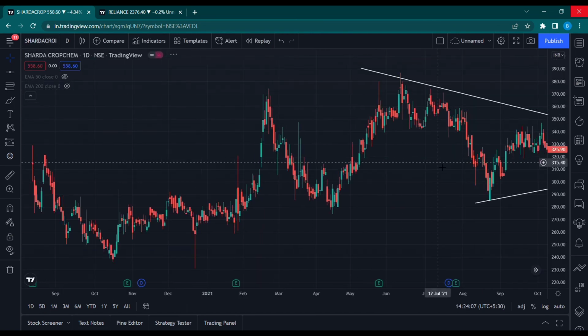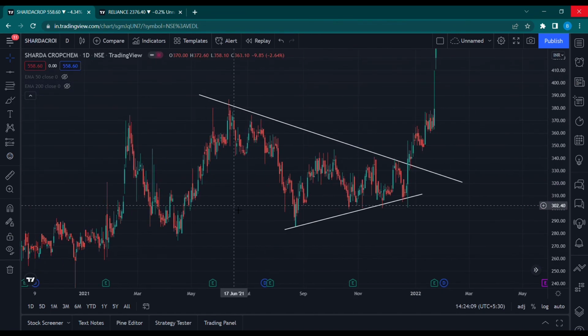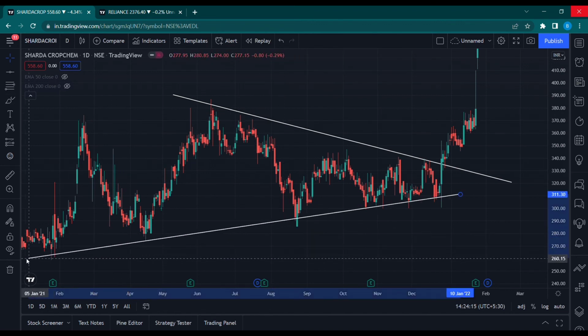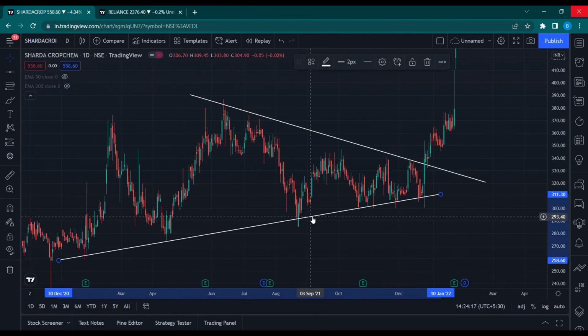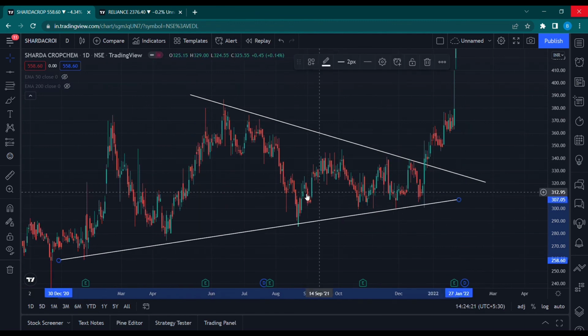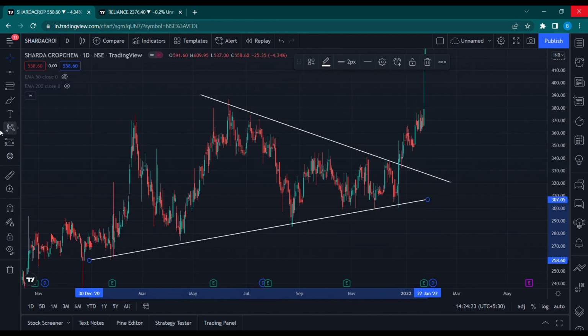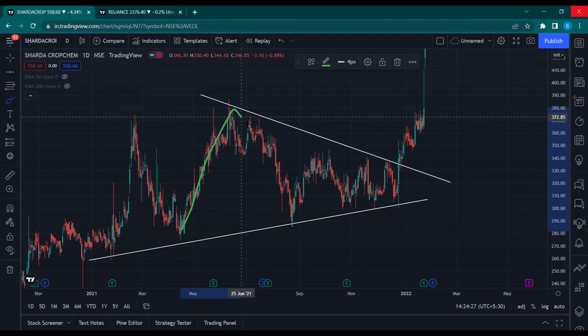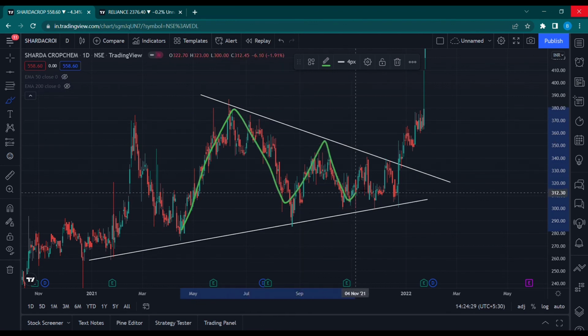See here, we see a proper symmetrical triangle. If I were to extend it on this side, I could. So we have a lower high, higher low, lower high, higher low.